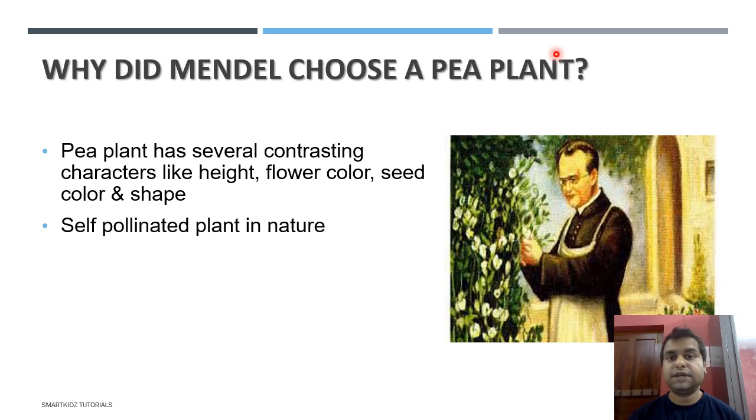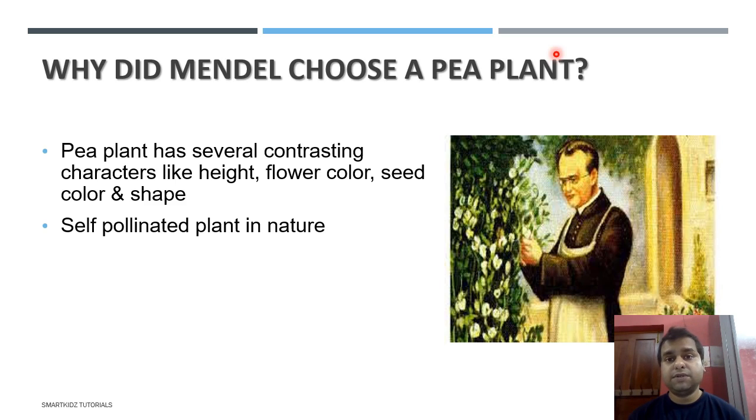Got it? So it allows fusion of the male germ cell with the female germ cell, or male gamete with the female gamete, within the same plant. That is self-pollination. That is what was happening naturally in a pea plant.